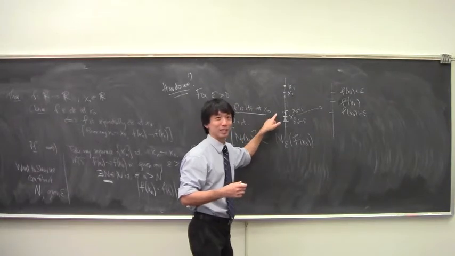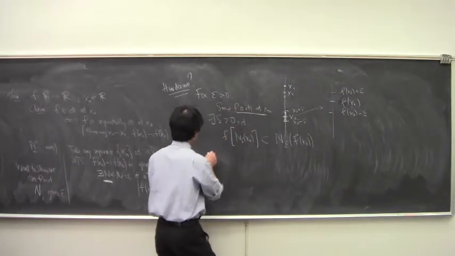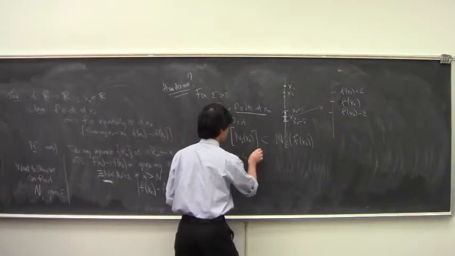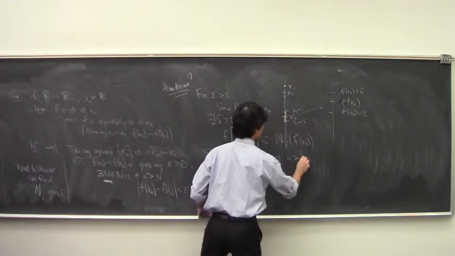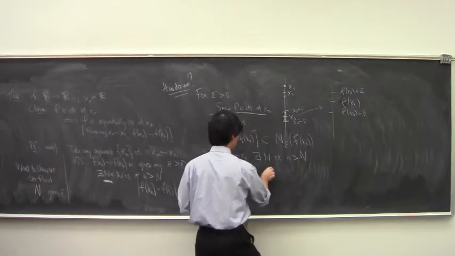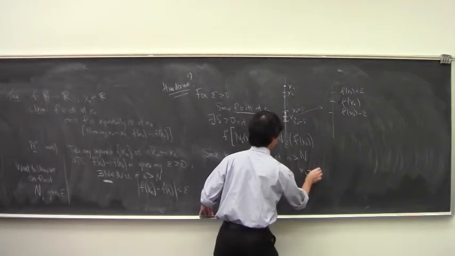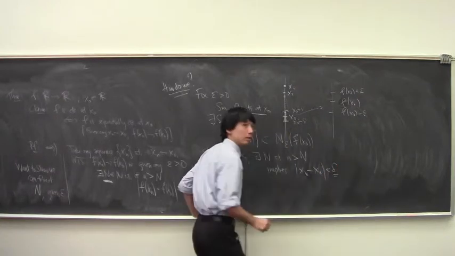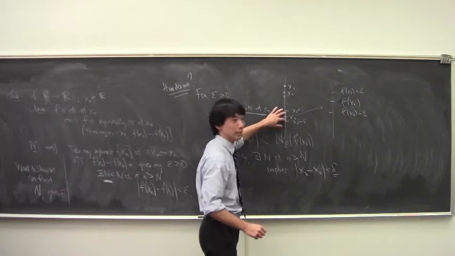In the delta neighborhood, exactly. Since xn converges to x naught, there's a time past which the absolute value of xn minus x naught is smaller than delta. So there's a time past which all the guys lie in the delta neighborhood.